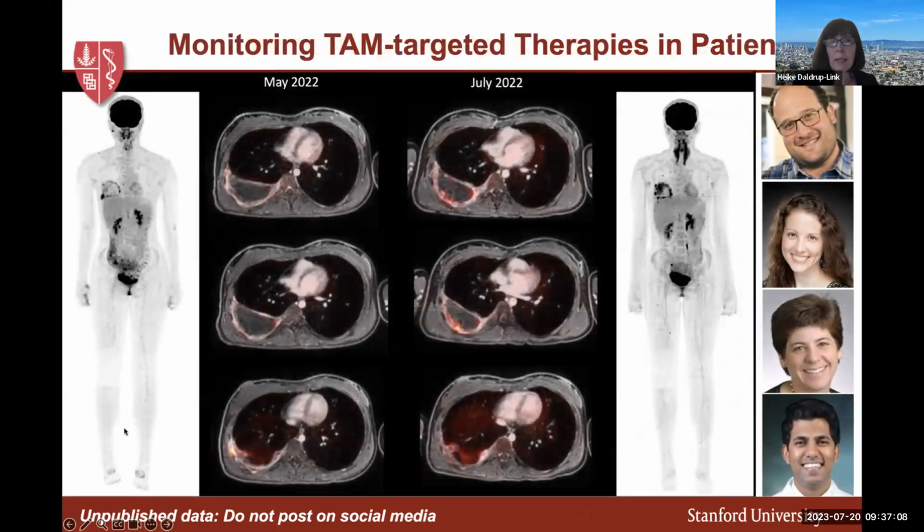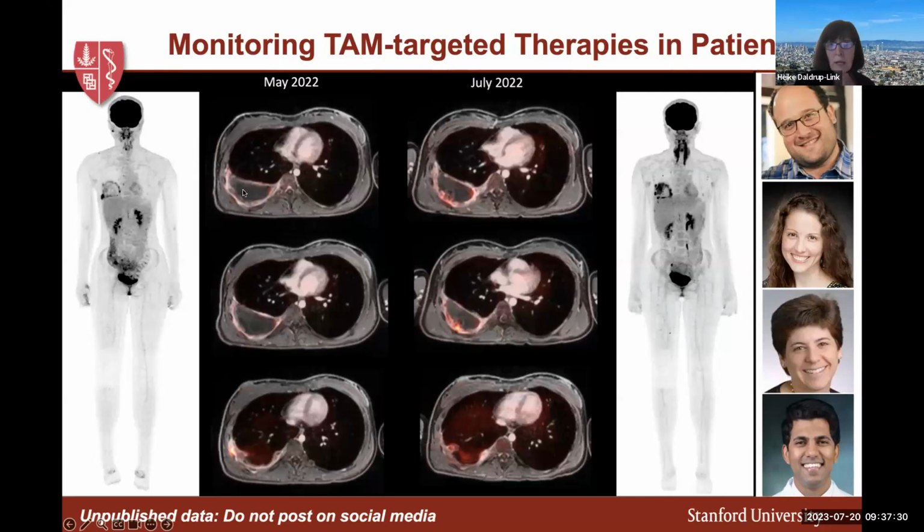We are now applying this to a clinical trial of CD47 antibodies in patients. This here is a patient with an osteosarcoma and a pleural metastasis at baseline. You see that there's some peripheral FDG uptake of this lesion here.